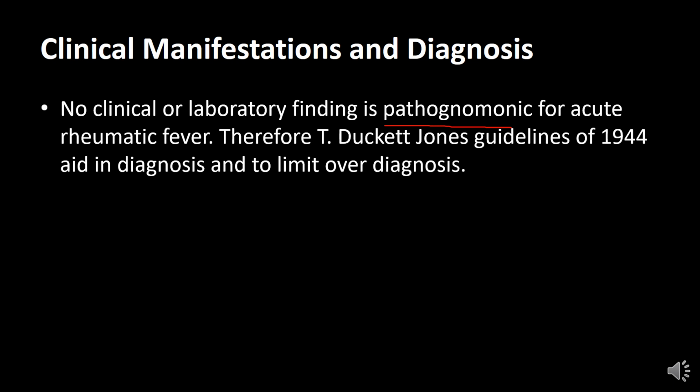Pathognomonic means that if that sign is there, it is definitely that diagnosis. So we don't have that kind of scenario with acute rheumatic fever. Therefore, there's a gentleman called T. Duckett Jones who gave guidelines in the year 1944 that were to aid in making a diagnosis of acute rheumatic fever and also prevent overdiagnosing the same.